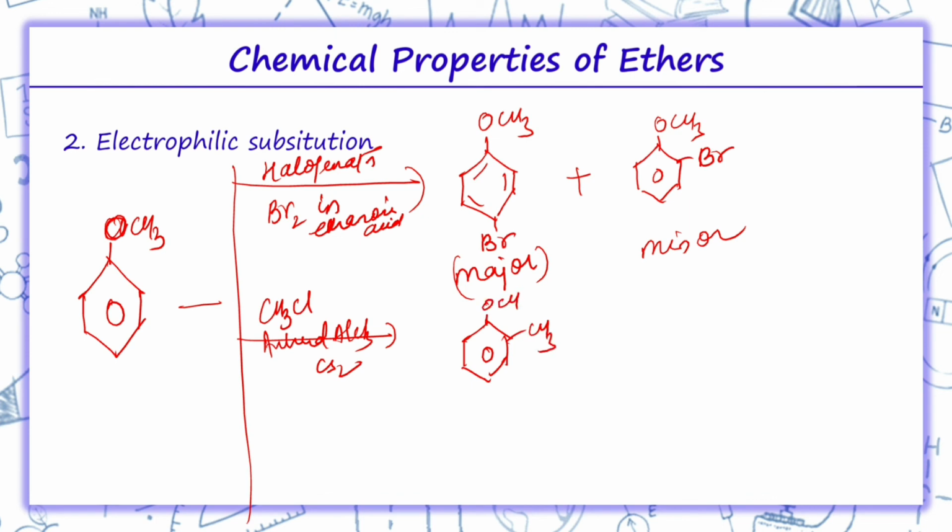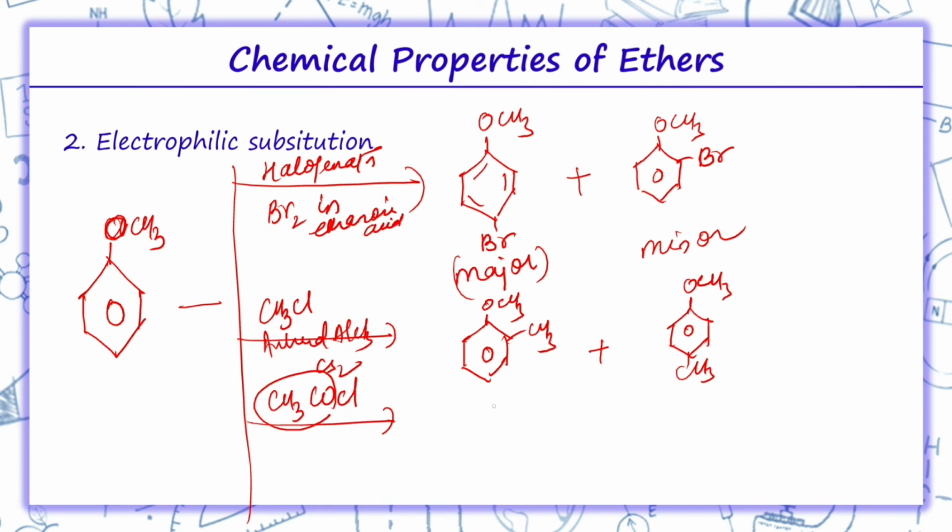Thus we will get 2-methoxytoluene. This is the minor product which we get over here. Next, when the CH3 group is attached to the para position, we get 4-methoxytoluene.